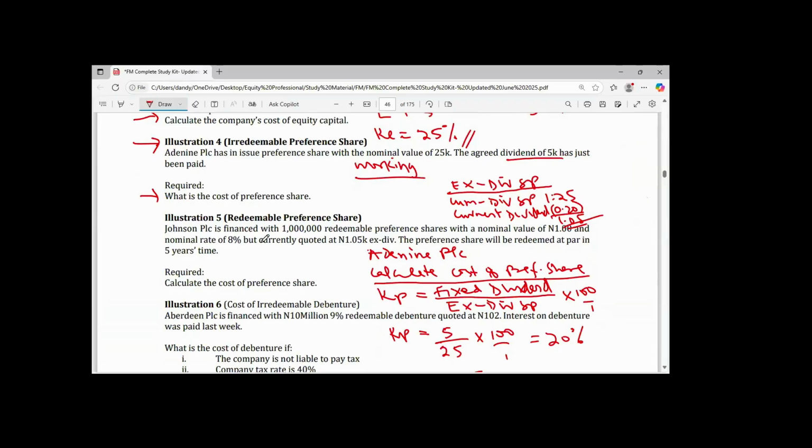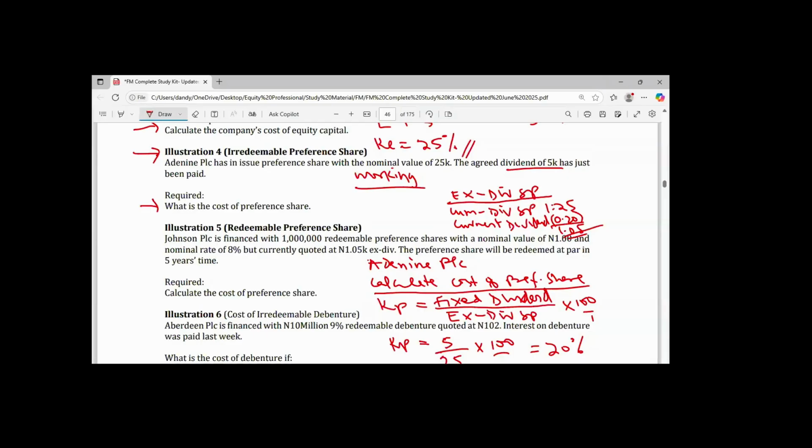Now, let's talk about redeemable preference share. Let me switch so that we continue from where I stopped the other time.